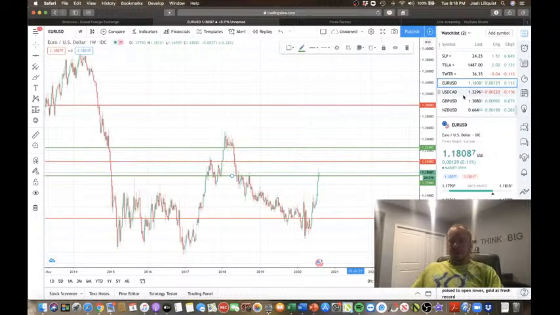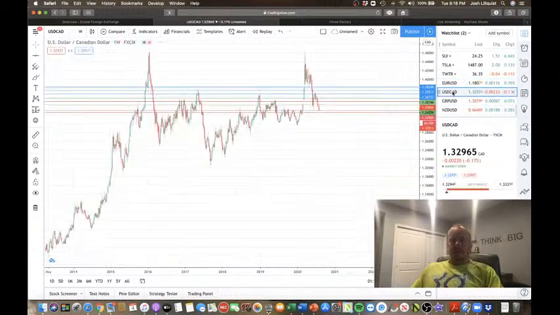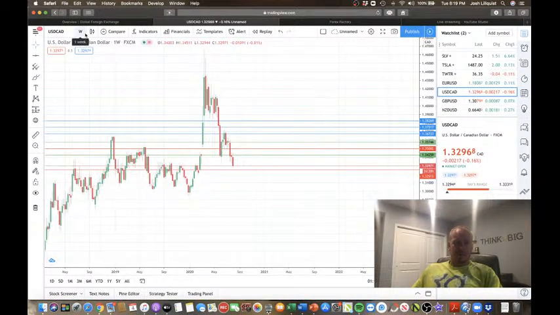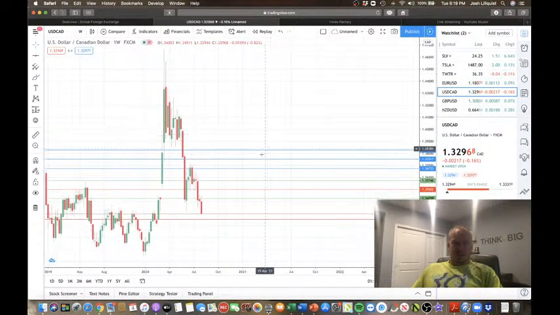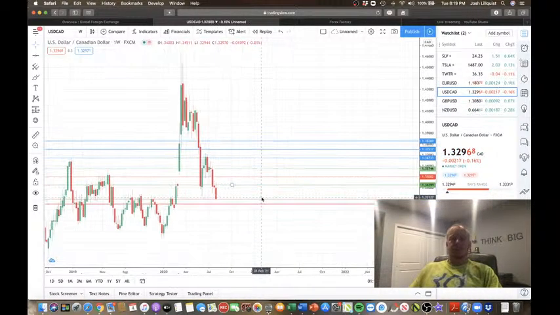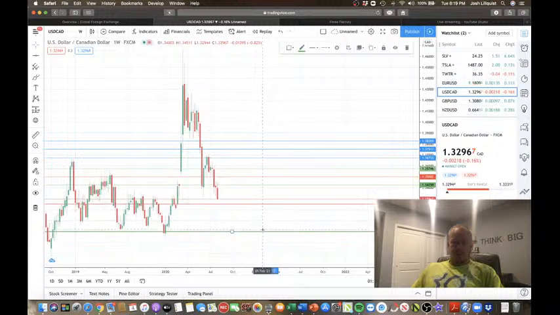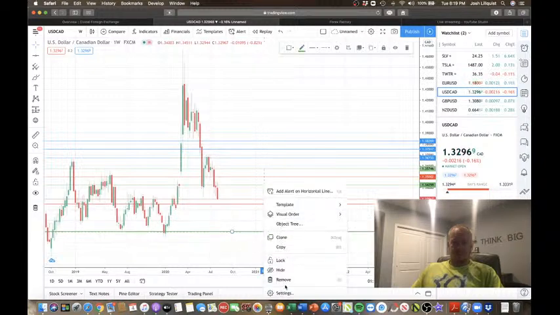Now, yesterday we talked about the dollar CAD running that short, and we had a really good run down today, down to $1.32. We're shooting for that $1.30 mark, which would be right about here, so we have a little ways to go. Let's build this out at $1.30 and put that red.